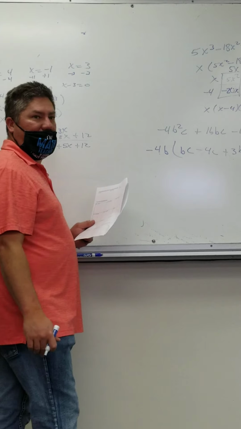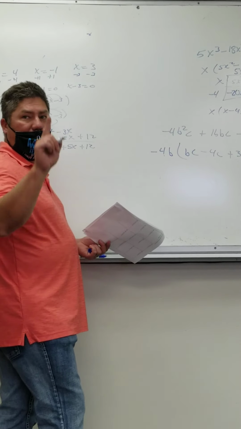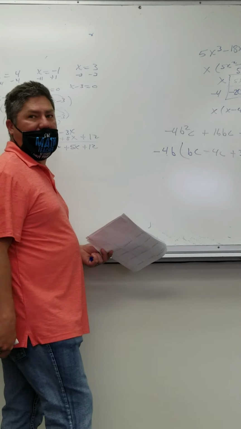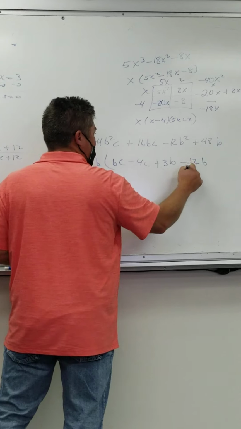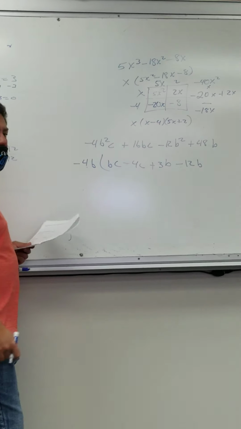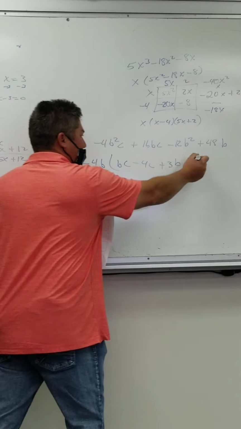And then what's 48 divided by 4? 12. What's 4 divided by 4? 1. What's 4 divided into 8? 2. Oh, wait, but I left the b there. This b has to go away, right? Because I factored it out.